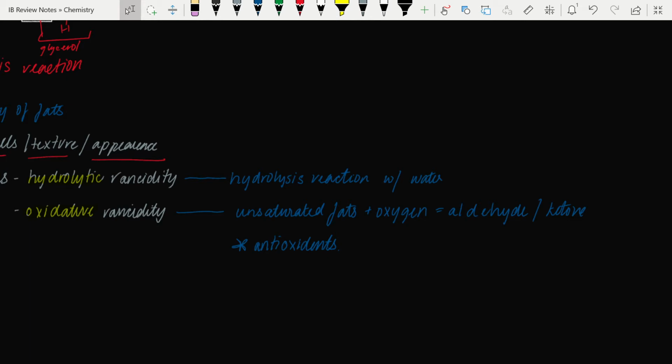If you mix it with oxygen in the air, the atmosphere, you get an aldehyde or ketone. To prevent this foul smelling substance, you can use antioxidants.